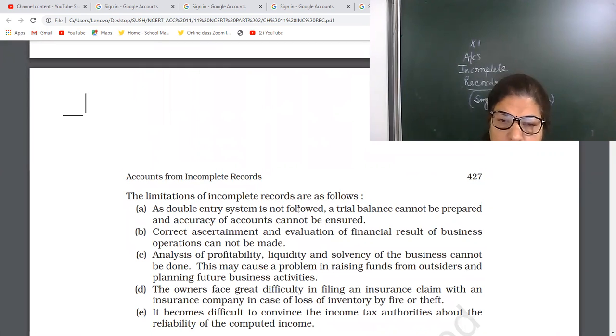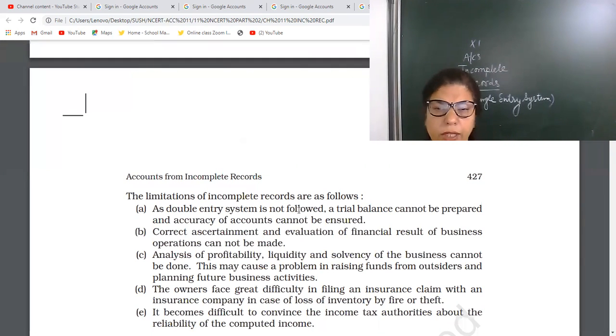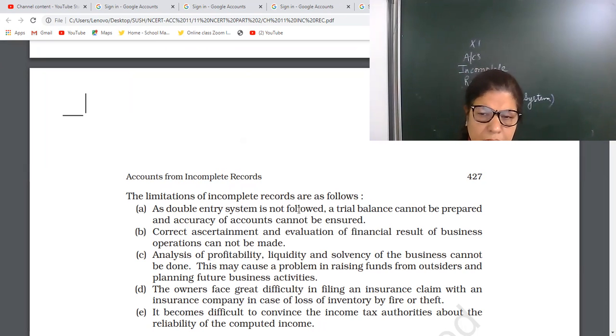Limitations: the double entry system is not followed properly, so a trial balance cannot be prepared. If the trial balance is not prepared, we cannot ensure accuracy and authenticity. Even the financial results have to be based on estimation. Profitability, liquidity and solvency can be shown according to their choice only. So outsiders generally don't believe in those organizations following the single entry system.